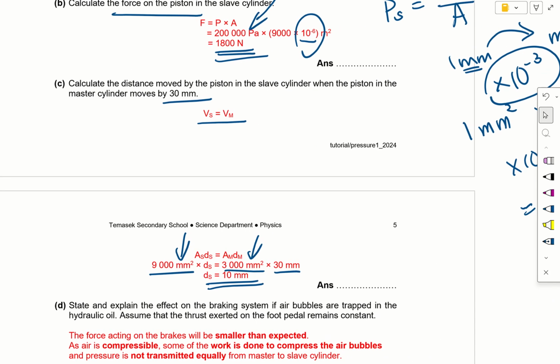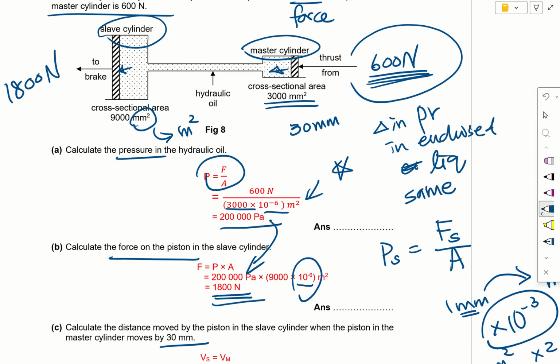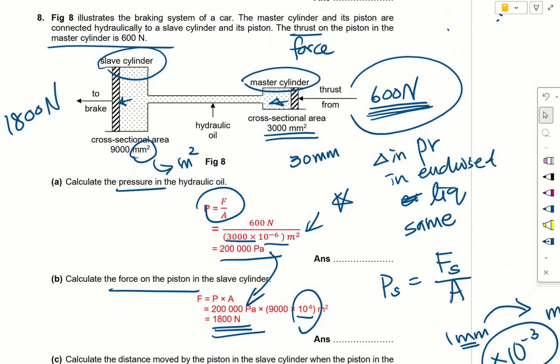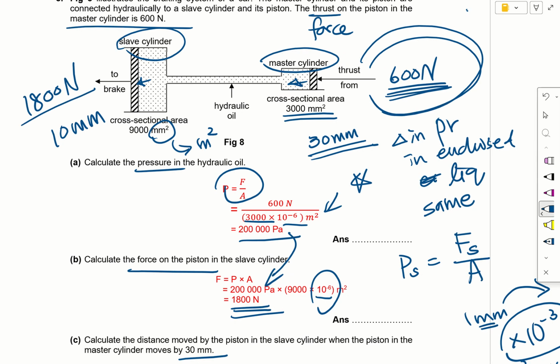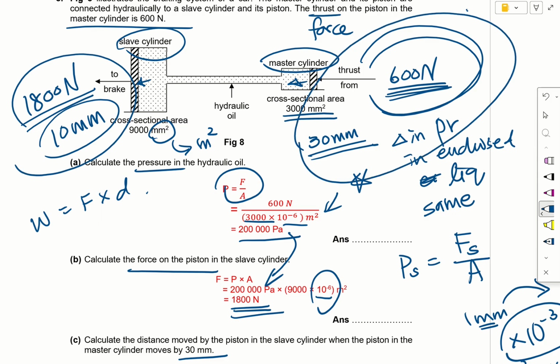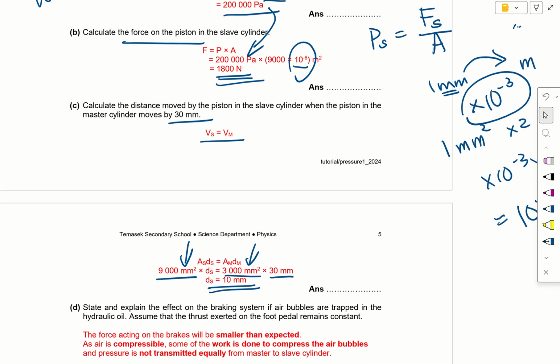So you compare, over here it is moved by 30 mm, and over here it is only moved by 10 mm. Even though the force is smaller, the distance moved is larger, and at the other end the force is larger but the distance moved is smaller. This is actually your work done equals force times distance moved. You multiply them together, you will get the same value. This is in line with the principle of conservation of energy.